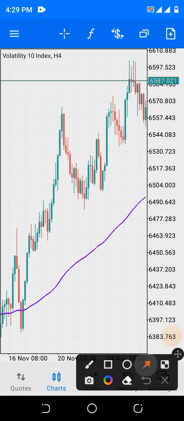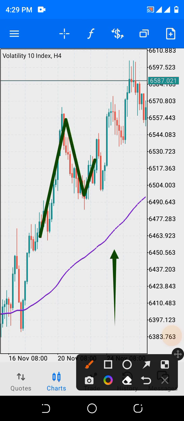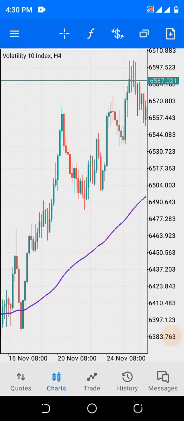So the market is bullish. By looking at the chart, you will see structures like this. Higher high, higher low, higher high, higher low, higher high, higher low, higher high. So these are typical structures of an uptrend.